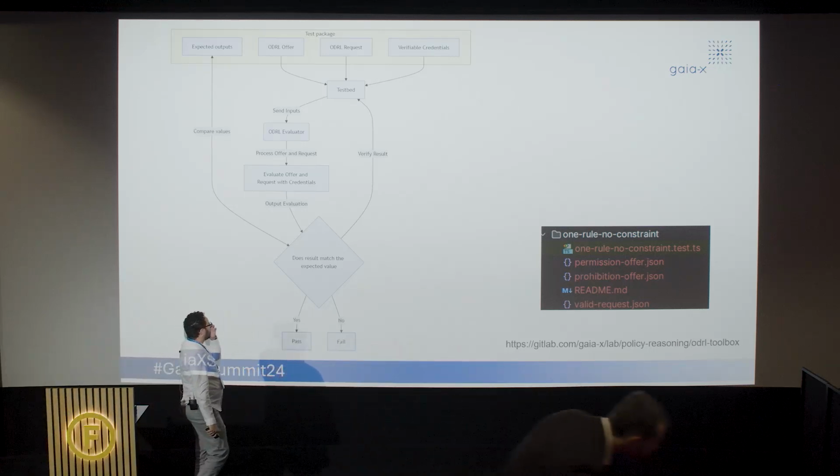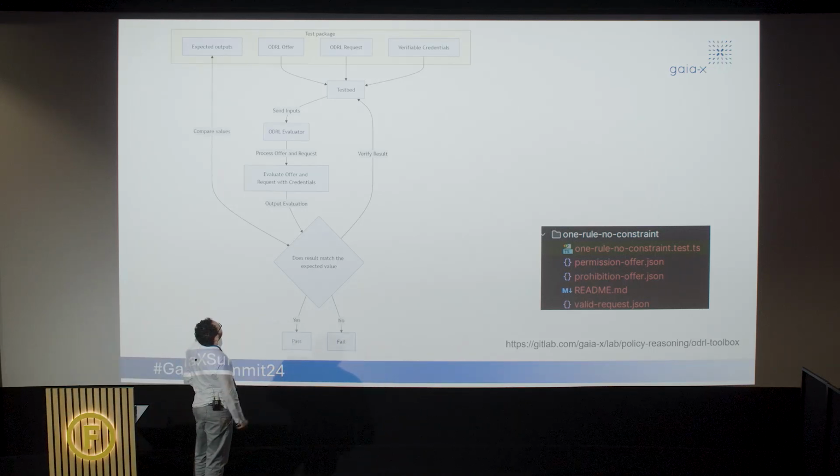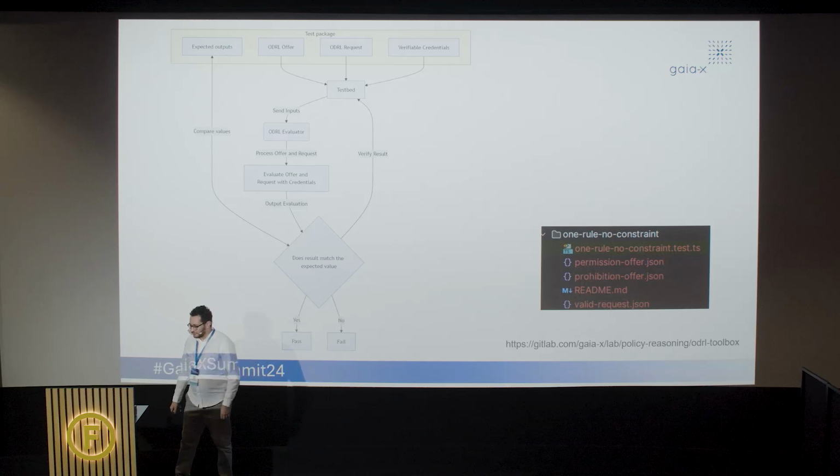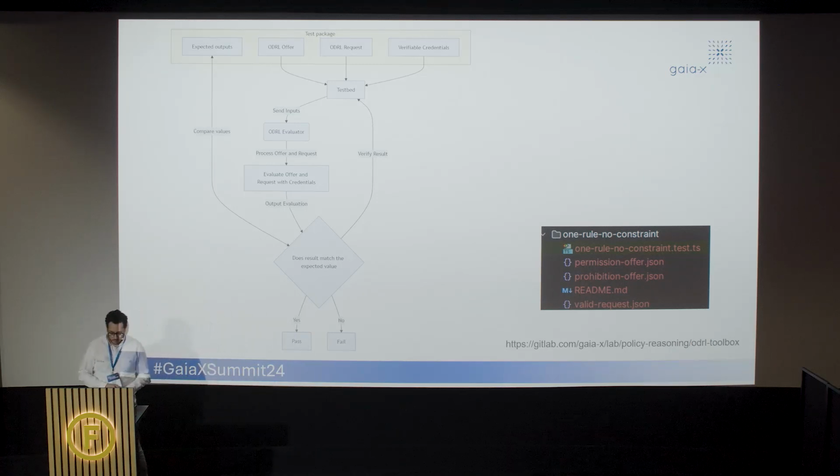So here I have a bit of a flow, the same thing we talked about before. We have the inputs, so here the test package, which includes the offer, a request, the verifiable credentials, and an expected output.